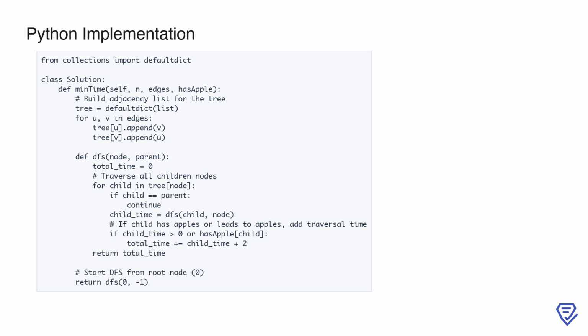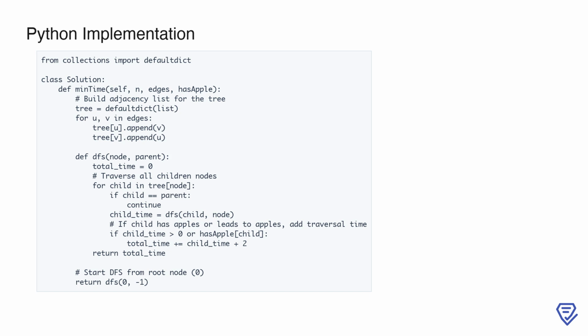Each edge connects 2 nodes, so we add both directions to represent the undirected nature of the tree. 4. The core computation lies in the DFS function, which recursively traverses the tree. It takes 2 parameters: node, the current node, and parent, the previous node, to avoid revisiting. 5. Inside the DFS function, we initialize total_time to 0, representing the traversal time required to collect apples from this subtree.